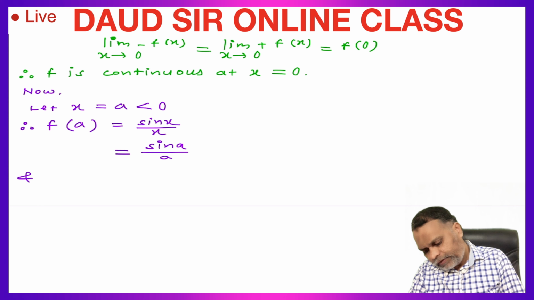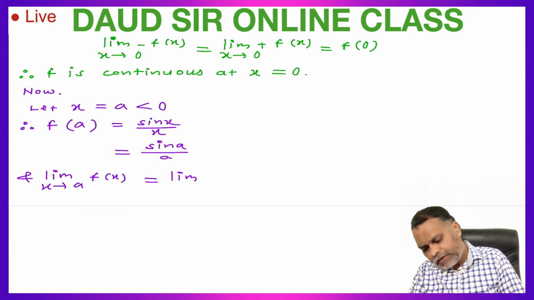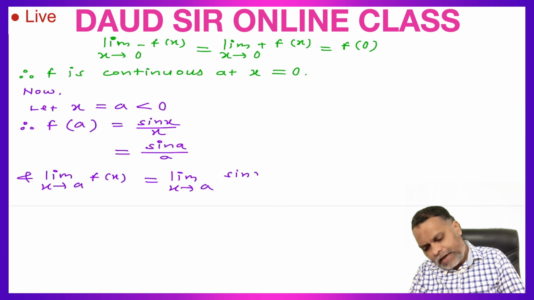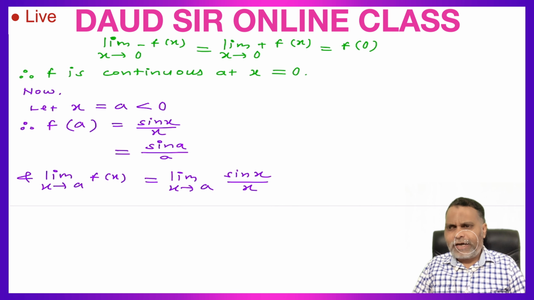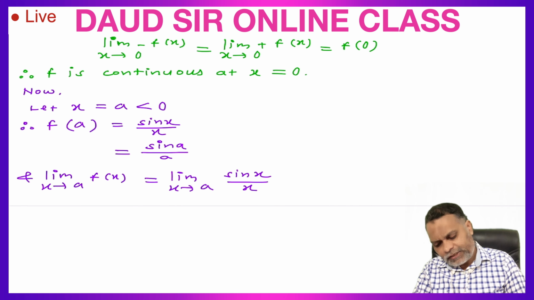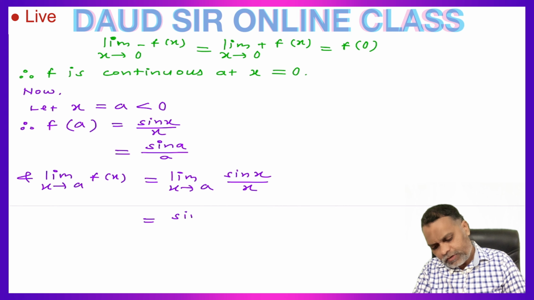And limit x tends to a, f of x is equal to limit x tends to a, sin x upon x. Here a is less than 0, so directly substitute x is equal to a. So this is sin a upon a only.